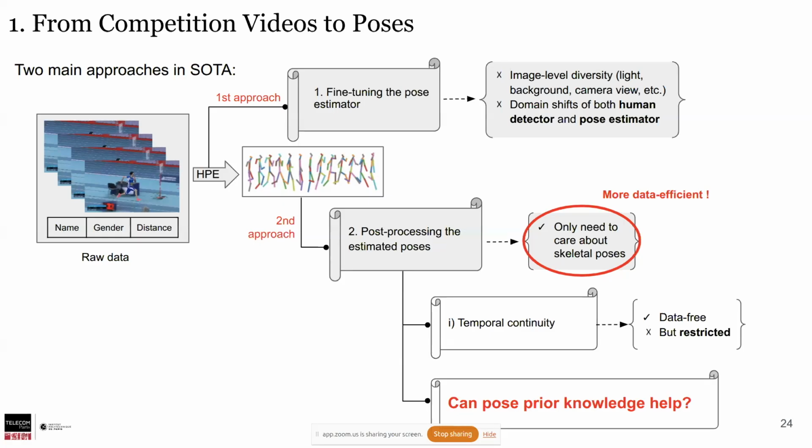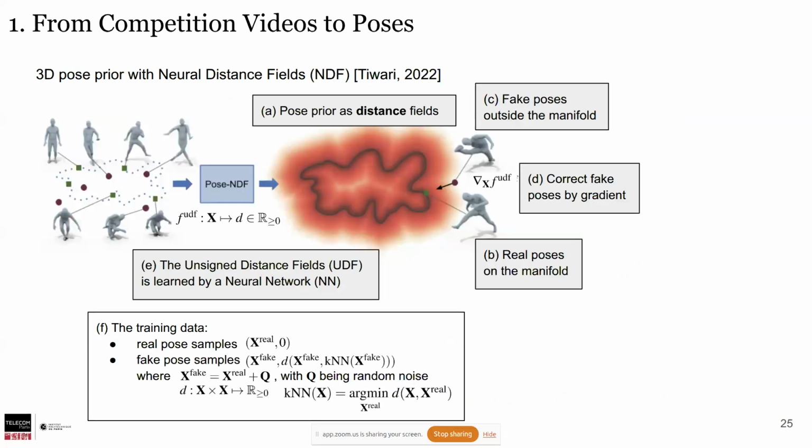like human beings, using prior knowledge about poses? We followed this work which studied the 3D pose prior using neural distance fields.